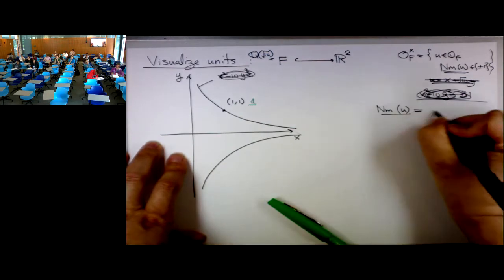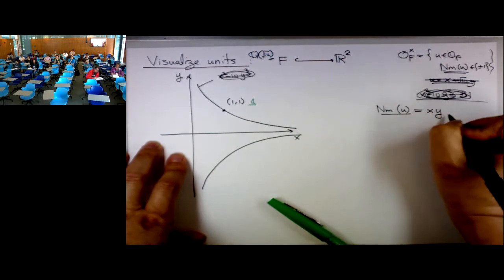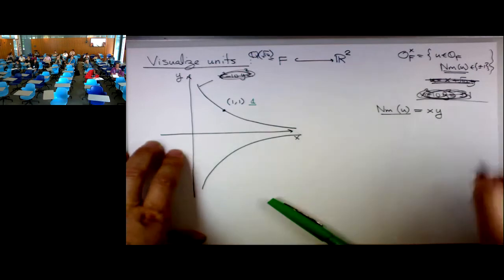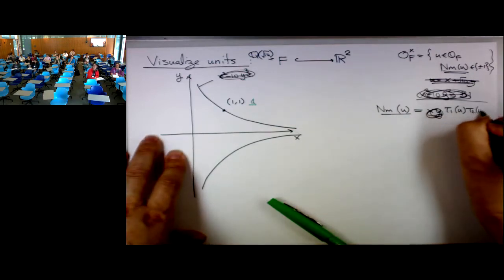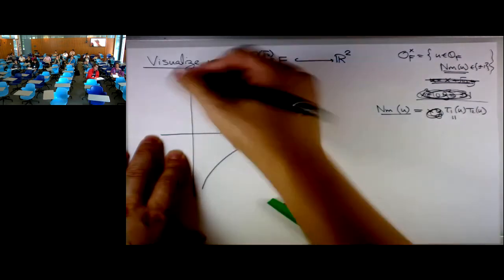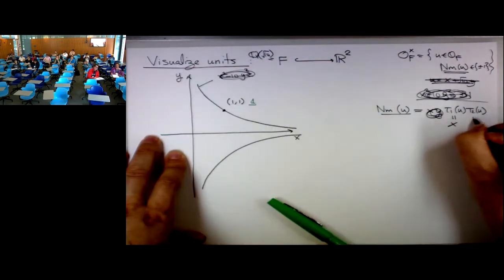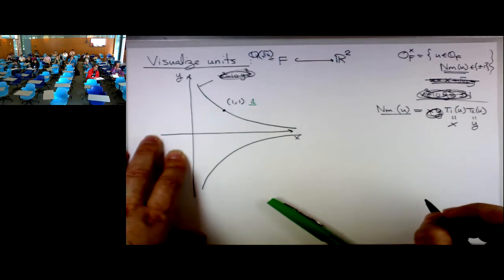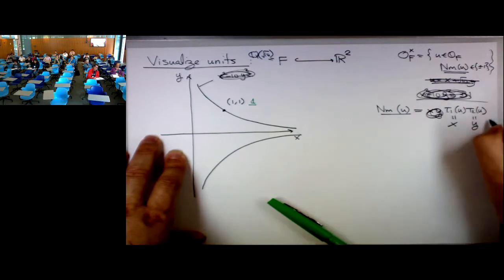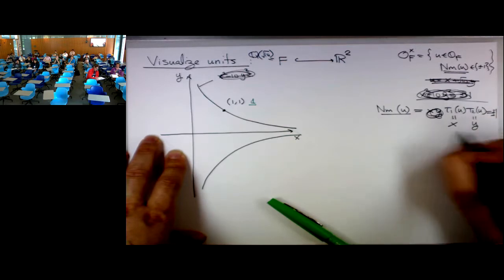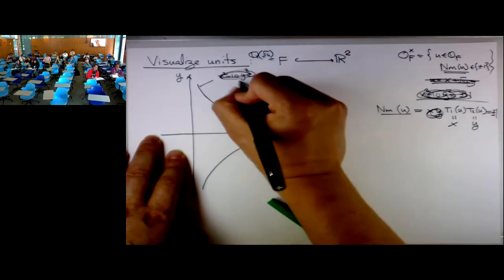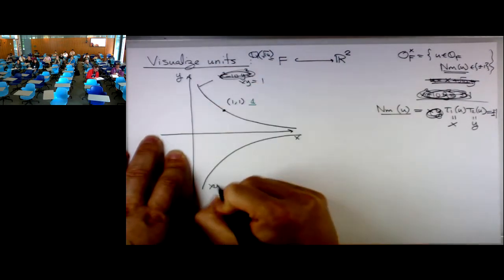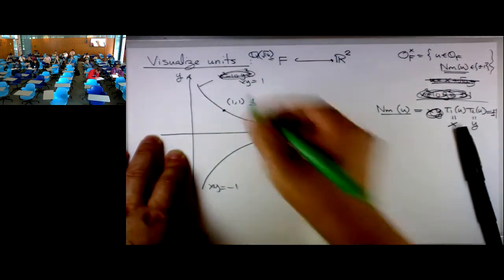So there are two embeddings, and basically the norm in this case is x times y, because the norm is just tau 1 of u times tau 2 of u. The way I coordinate my x and y is that this is the first coordinate, this is the second coordinate. Okay? I'm really looking at a standard hyperbola where x times y equals plus or minus 1. This is xy equals 1, and this is xy equals negative 1. And so this is number 1 here.